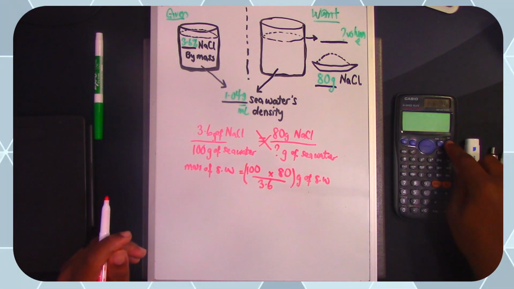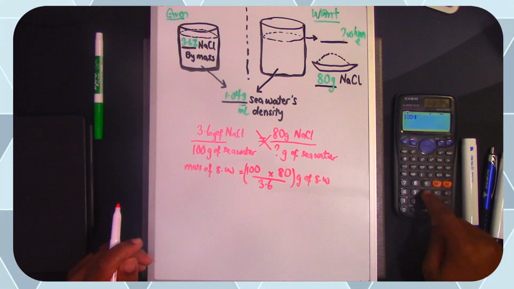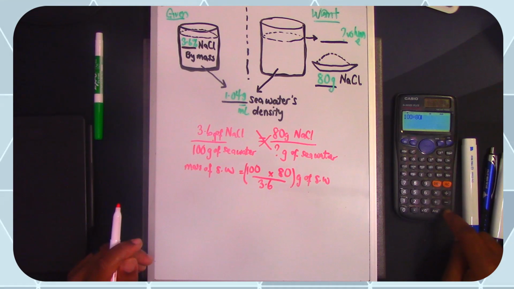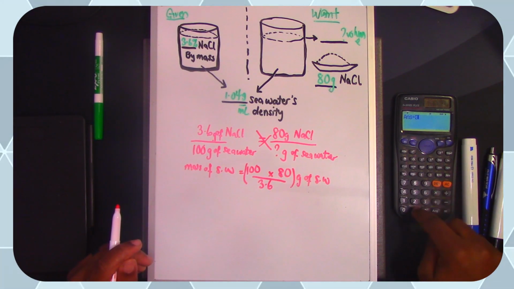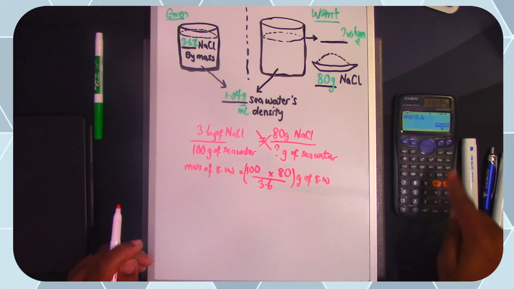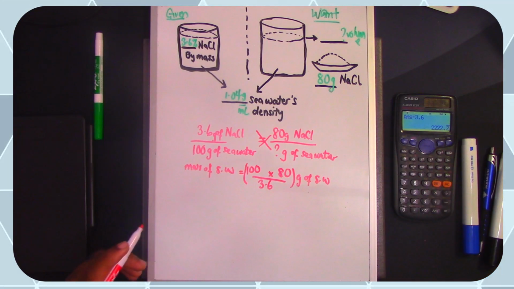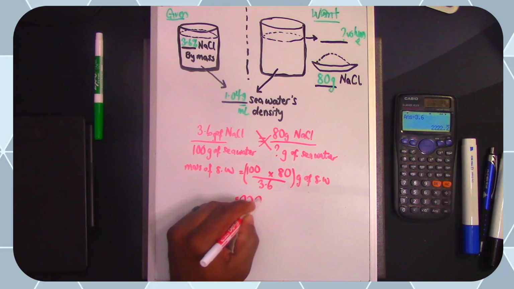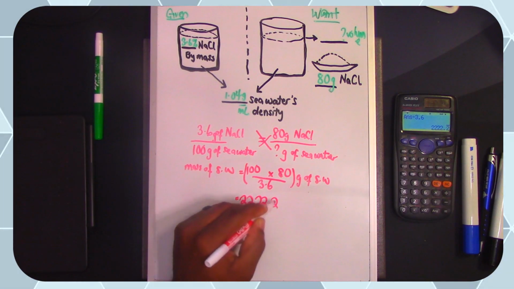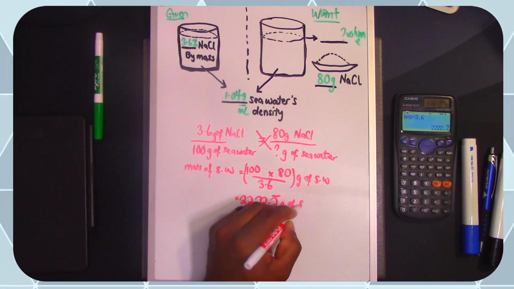Once we get into a calculator, we have our 100 times our 80, which is straightforward, 8,000, divided by 3.6, and this is equal to this number. When you change it to decimal, we have a repeating decimal to be around 2,222.2, which is repeating, grams of seawater.